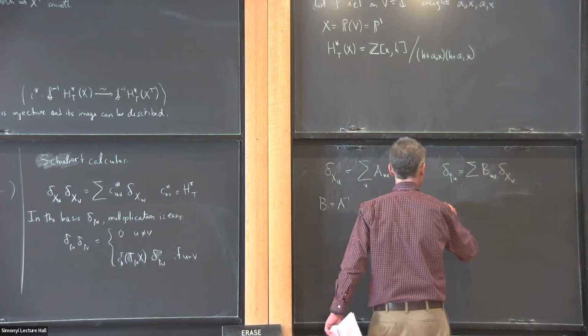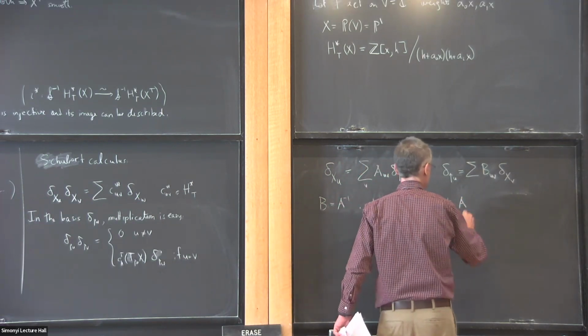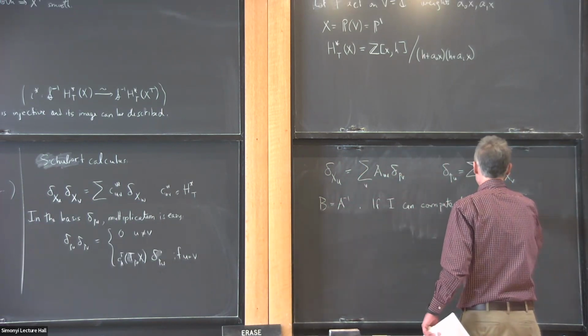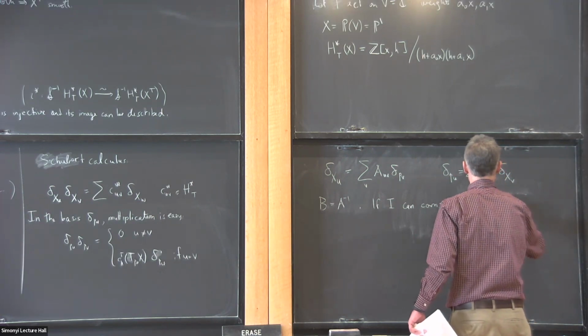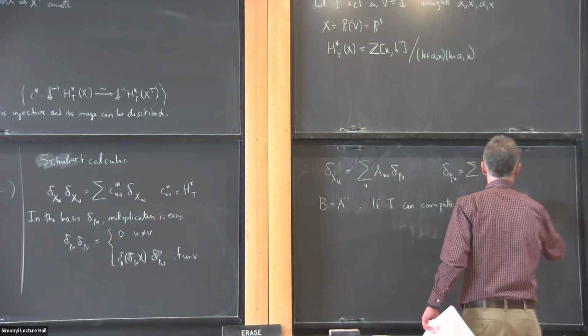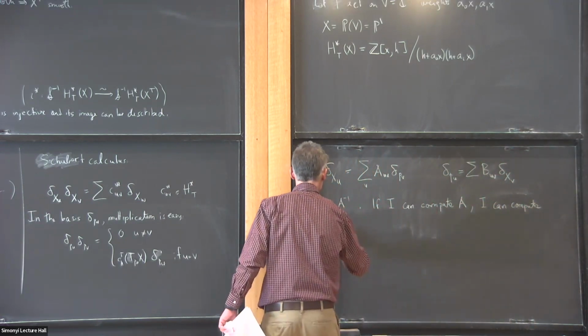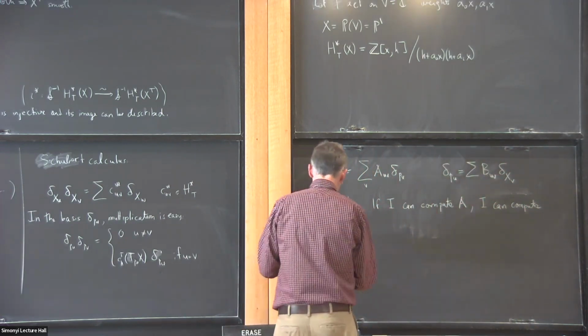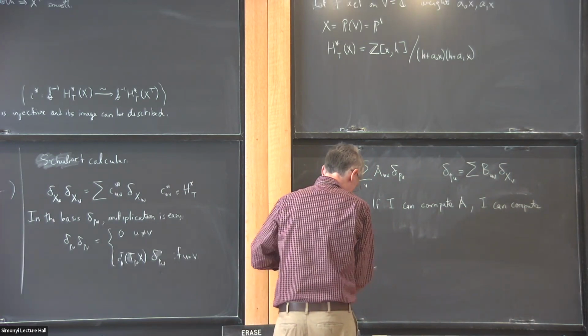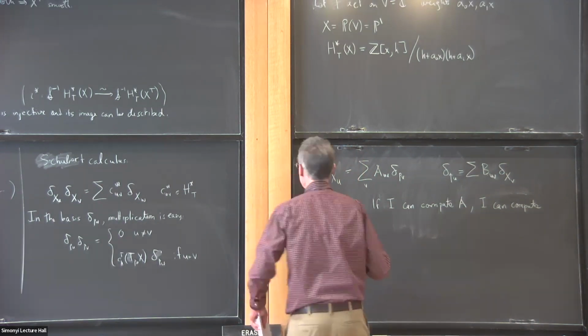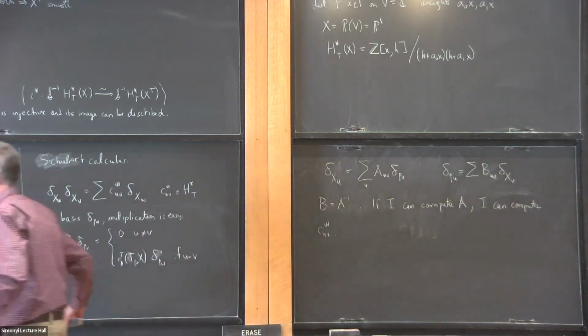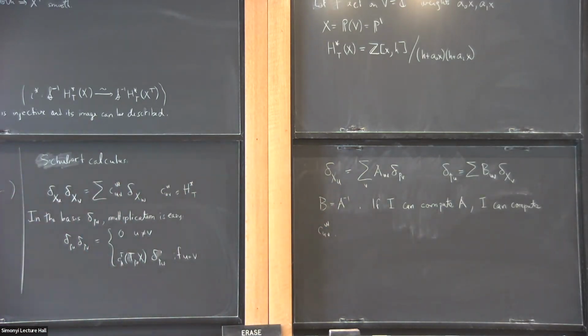So if I can compute A, and then I can compute B, I can compute C of U V W. But in fact, the A's are very easy to compute. And again, everything here is relying really just on the self-intersection formula.